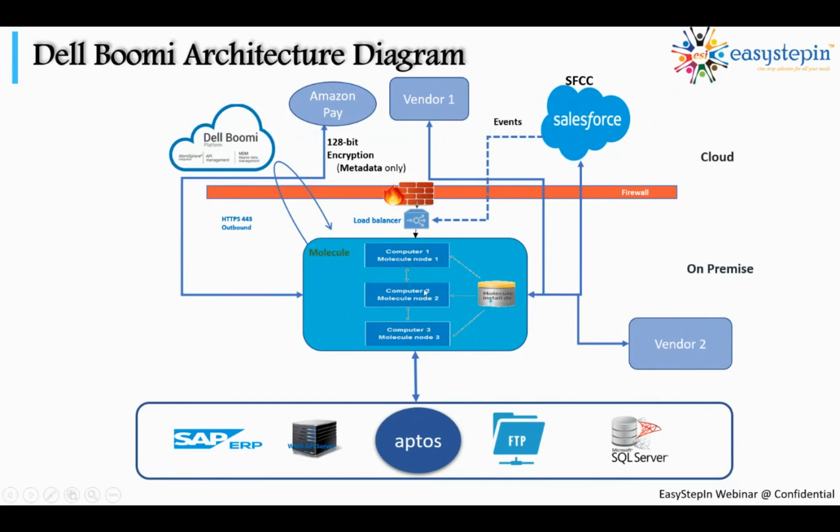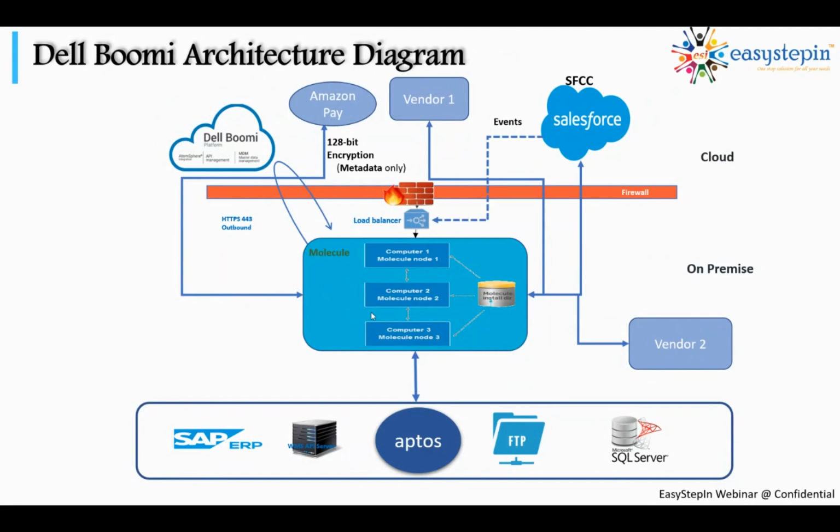So we have set up a molecule with 3 nodes. The main reason for using the molecule is high availability, as it is real time, or some are near real time. So the availability of the system is very important, so we have handled that in the molecule.